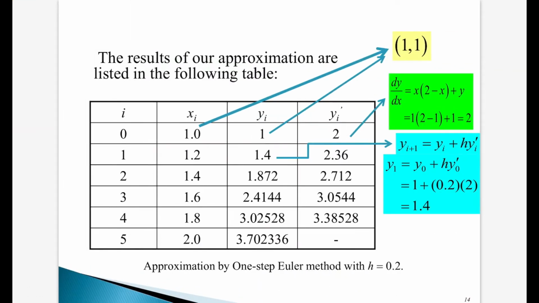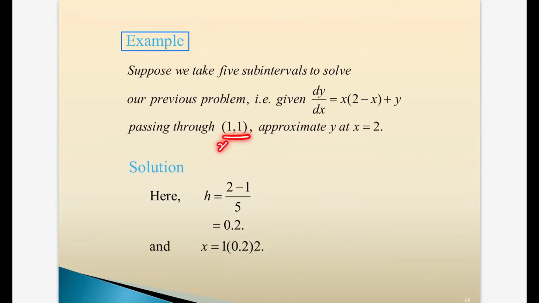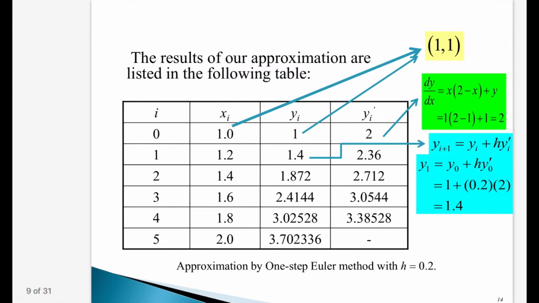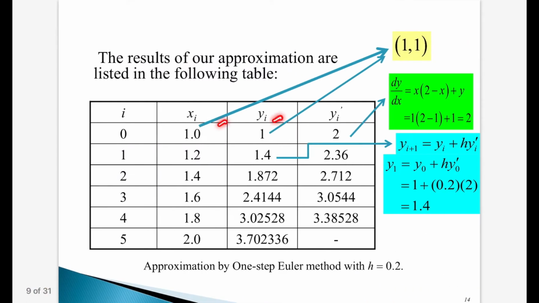The results of our approximation are listed in the following table. This is your first point: x0 equal to 1, y0 equal to 1.